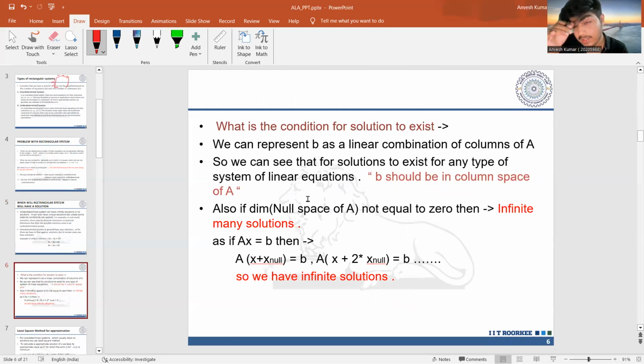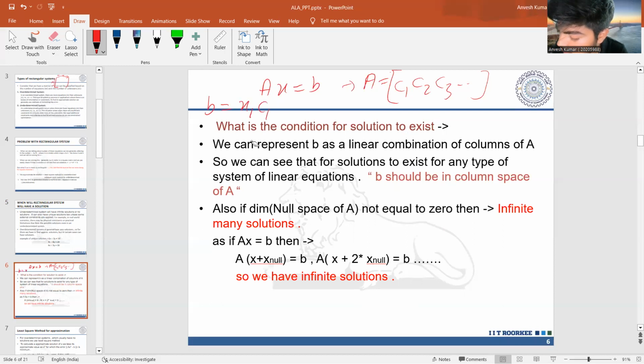So we can generalize this to formulate a condition for which our system of linear equations will have a solution. We know that when Ax equals b, and A is something like c1, c2, c3, where c1, c2, c3 are its columns, then b can be represented as x1 c1 plus x2 c2, and so on.